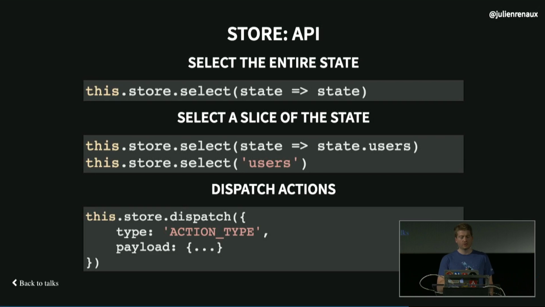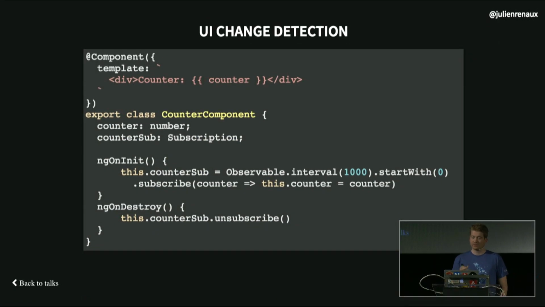So now we know how to manipulate the state of the app, but we do not know how the UI reacts to the changes we make. That's where change detection comes into play. Change detection happens every time a component class property changes, right?